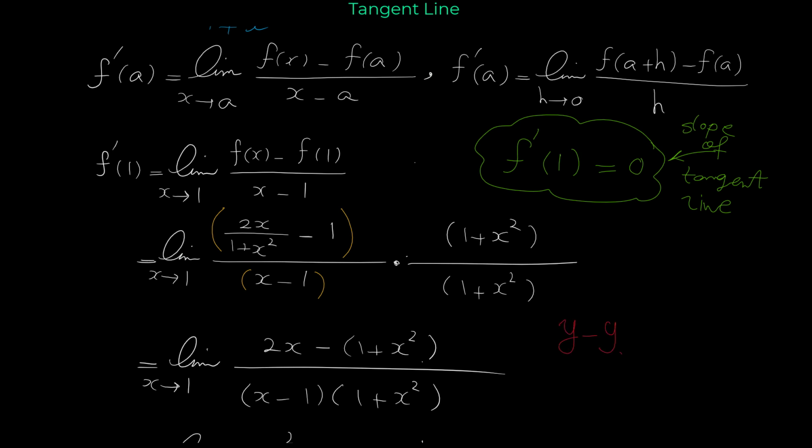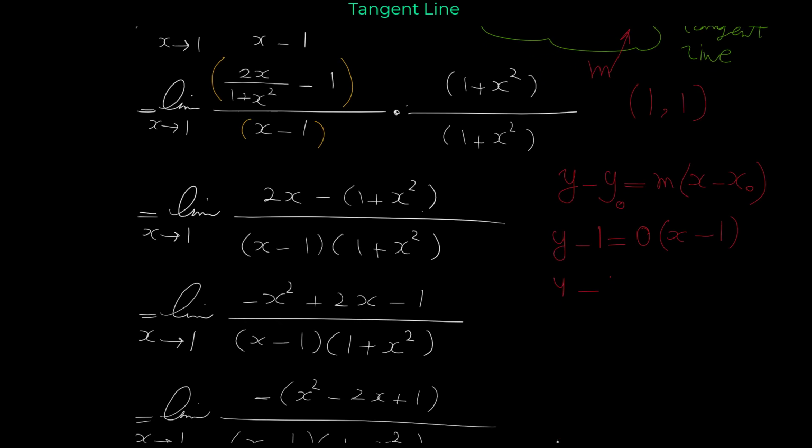Let me remind you, the equation of a line in point-slope form. The given point is (1, 1). The slope is 0. So the equation would be y minus 1 equals 0 times x minus 1. 0 times the bracket is 0, so y minus 1 would be equal to 0, so y equals 1.